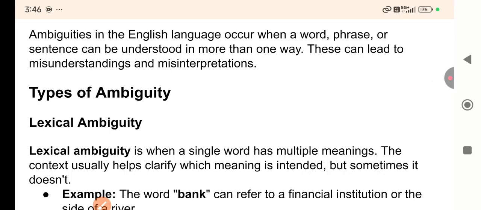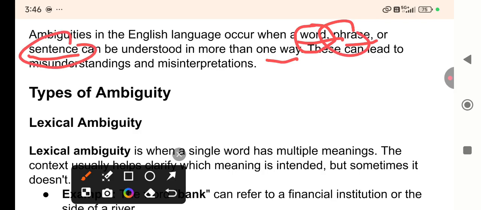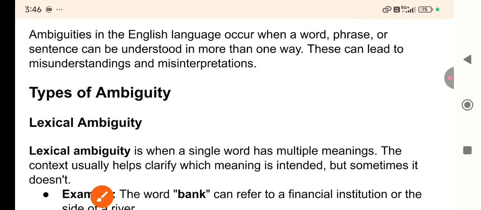Ambiguities in the English language occur when a word, phrase, or sentence can be understood in more than one way. If it is not used properly, then there is more than one interpretation, which is called ambiguity.